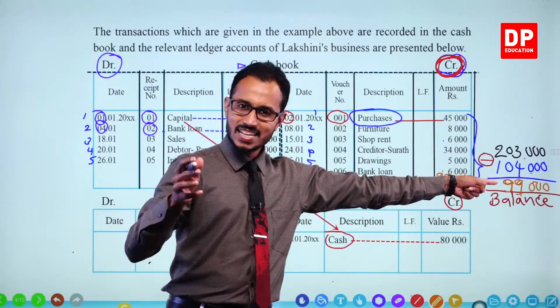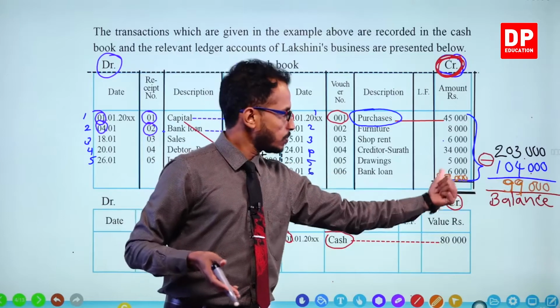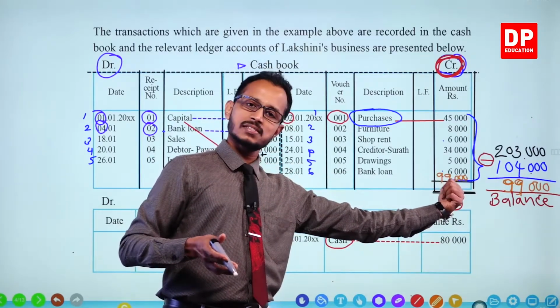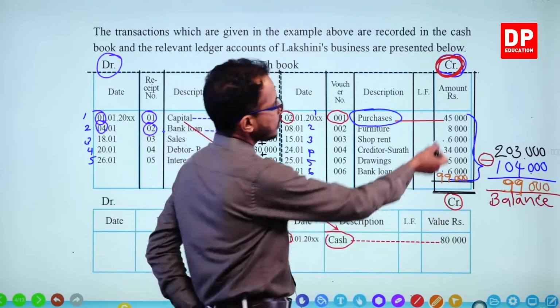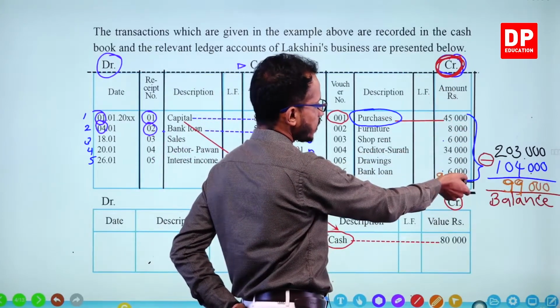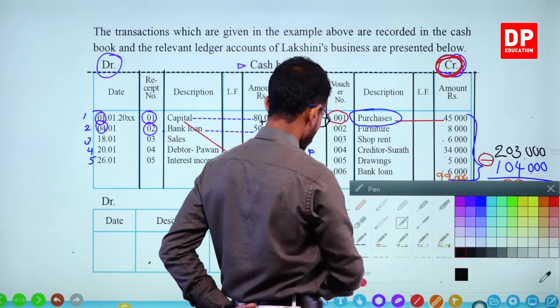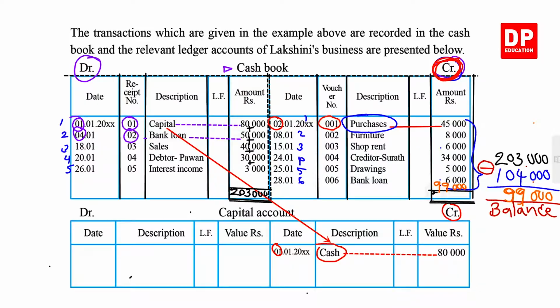So you get the shortage and you put it to the side that is less. Then you add from the top with this 99. Then you add and get the total, which is 203. It's the same total as the debit side.